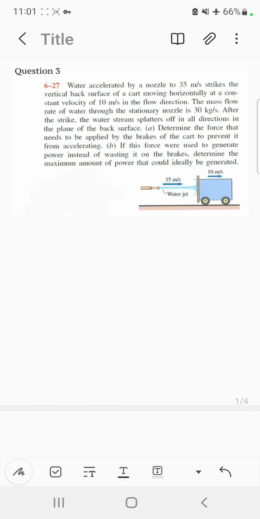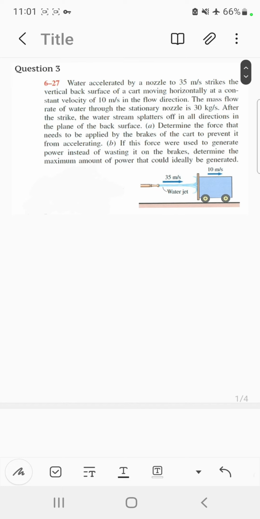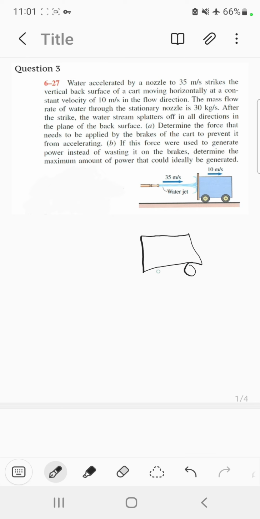So how can we solve this question? First of all, let's analyze this cart. So we know we are having this cart. And we need to apply the forces that are coming to it. We know the jet, this is the first force, which is 35 meter per second.